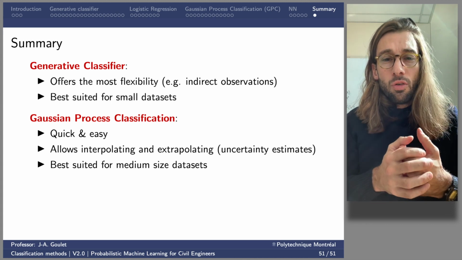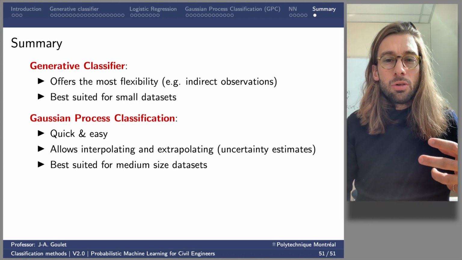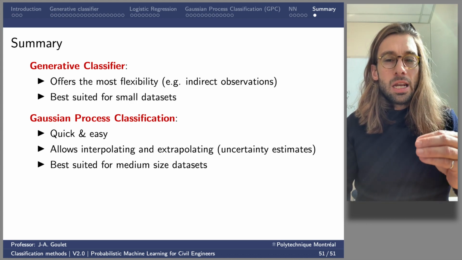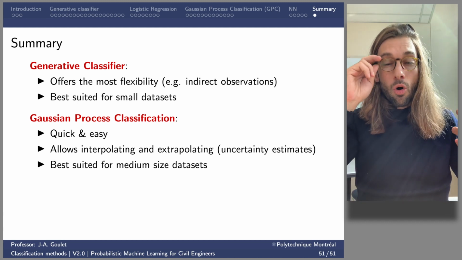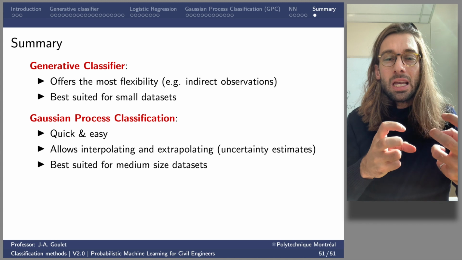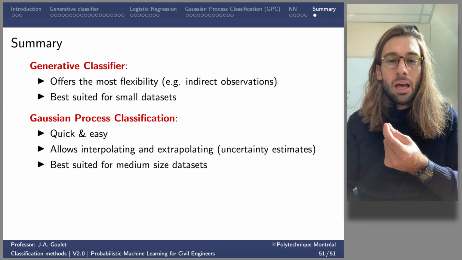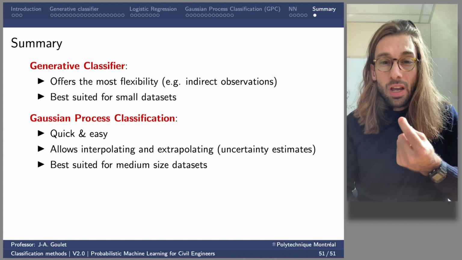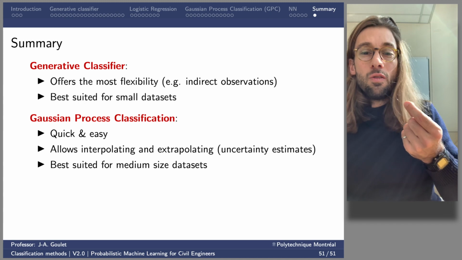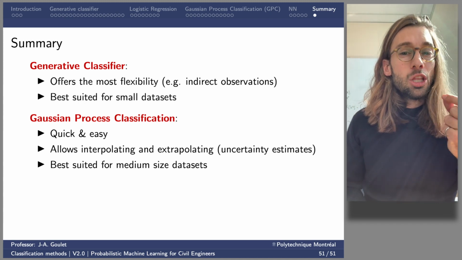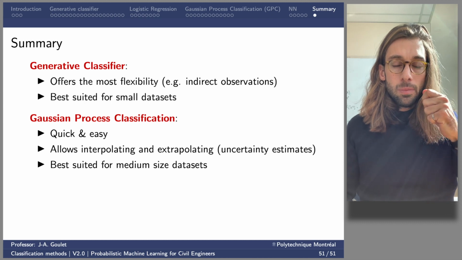And it's best suited for medium-sized data sets, but it's going to be more data hungry in a classification setup than in the regression setup we saw last week, just because you have a lot more things to infer. In this case, when I say things, I mean these latent hidden observations, for which I need to infer the expected value and the covariance. So it's a lot more demanding to work in a classification setup than in regression in terms of the amount of data.